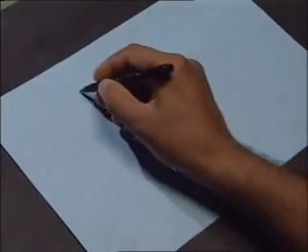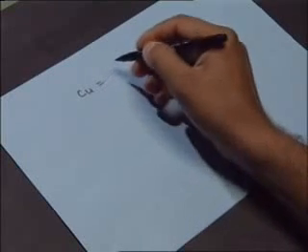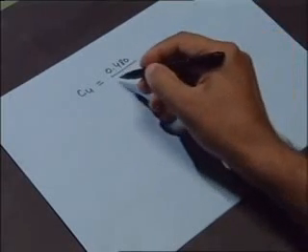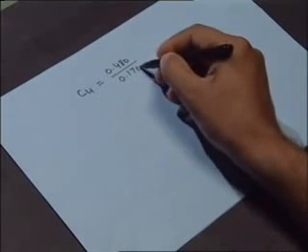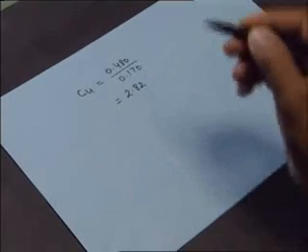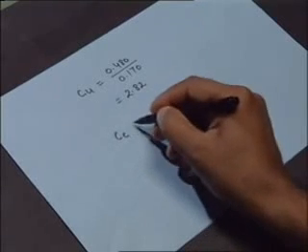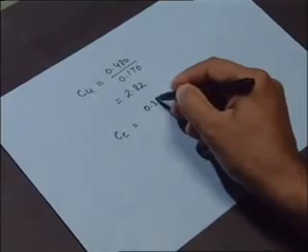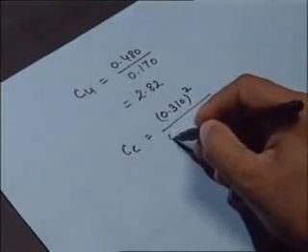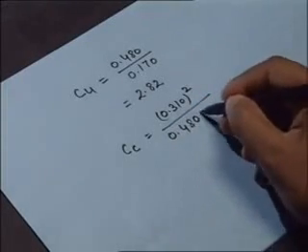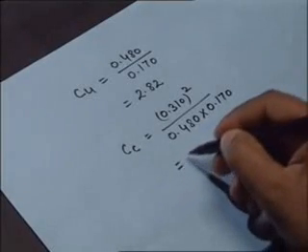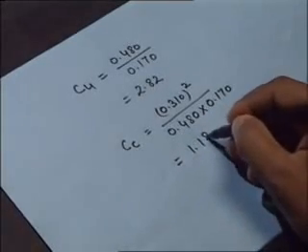By putting the values, Cu equals 0.480 divided by 0.170, which is equal to 2.82, and Cc equals 0.310 whole squared divided by 0.480 multiplied by 0.170, which is equal to 1.18.